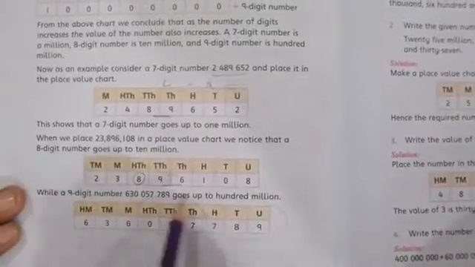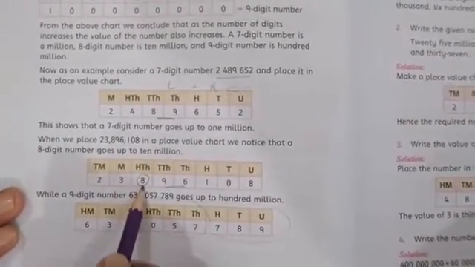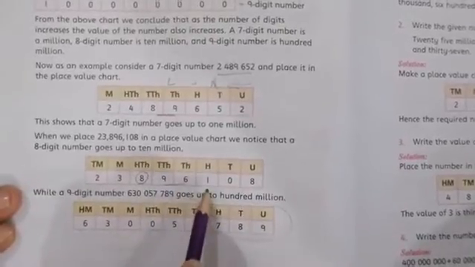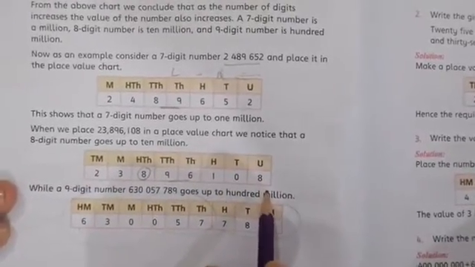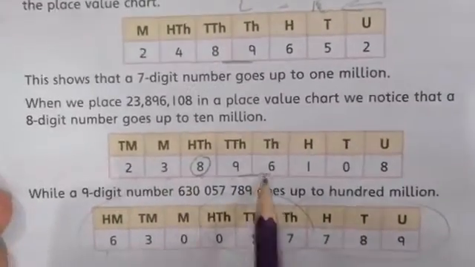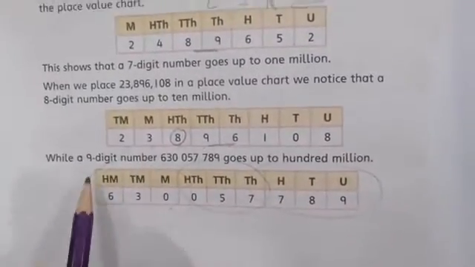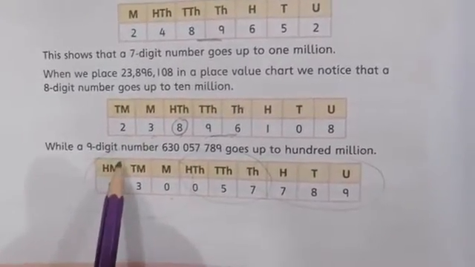So we read this number in the place value chart like this: 23,896,108. Again I am going to read it for you: 23,896,108.